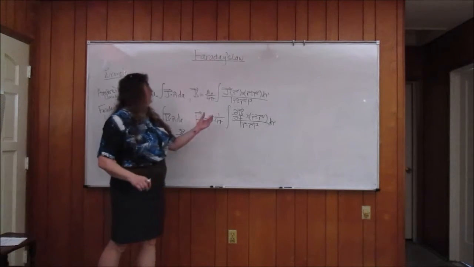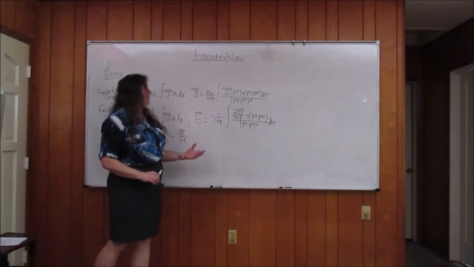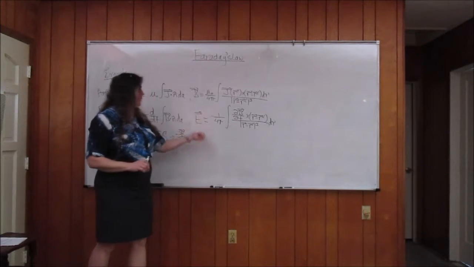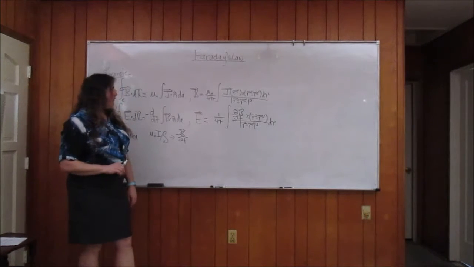So that's kind of neat. Basically, you didn't have to do a lot of calculation, a lot of derivation, to come up with an expression for the electric field in terms of the magnetic field.